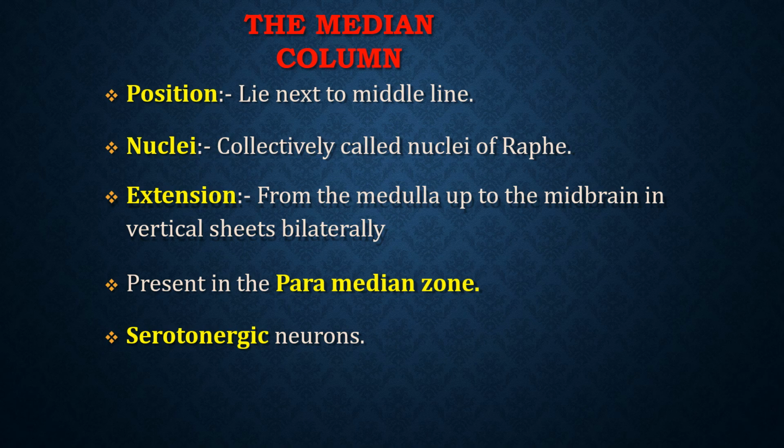This column extends from medulla up to the midbrain in vertical sheets bilaterally, on both sides of the midline. They are present in the paramedian zone and are serotonergic type of neurons, so they release serotonin.